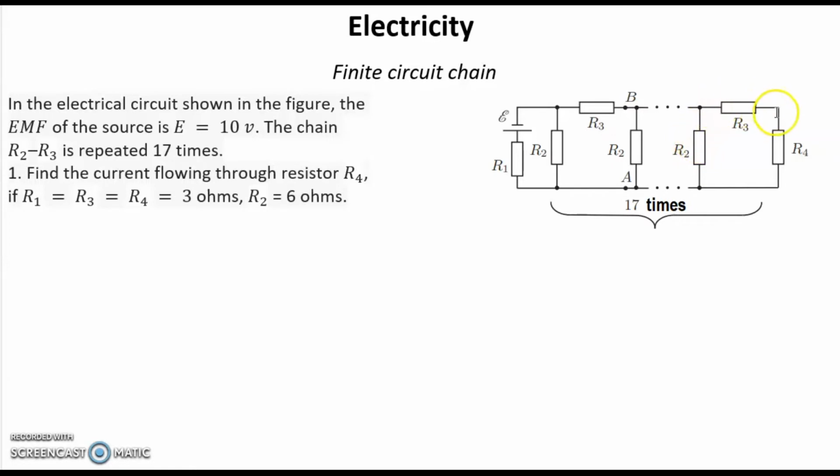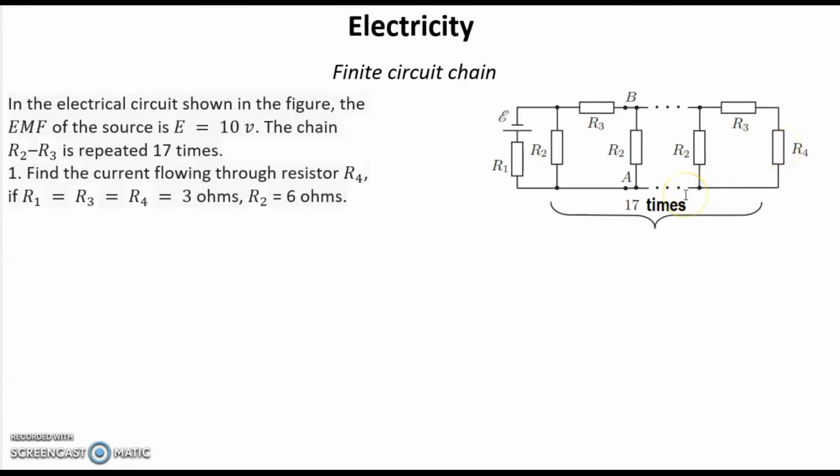It means that if we have current I here, the same current I goes through resistor R2. And both these branches together carry current 2I. If we count the total resistance of this chain, it will be 3 ohms again, as R4 before.